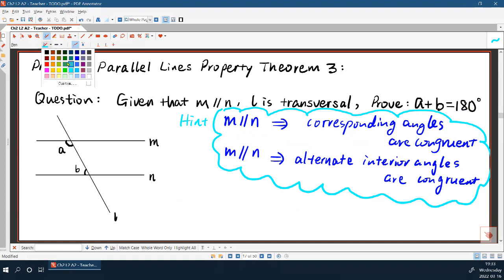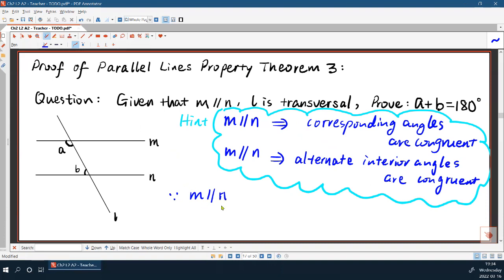Okay, so let's have a look at how we can do this, all right? As I said, you can use either property theorem 1 or property theorem 2 or combined because we have proved such property theorems. So first of all, because M is parallel to N, for example, we can use property theorem 1, right?